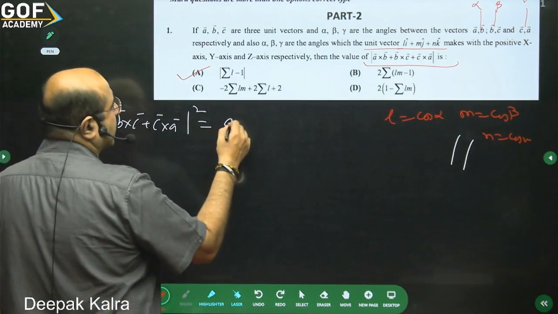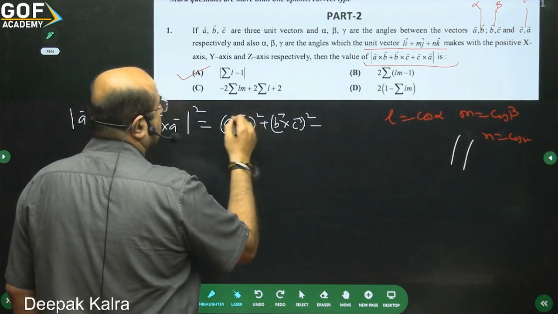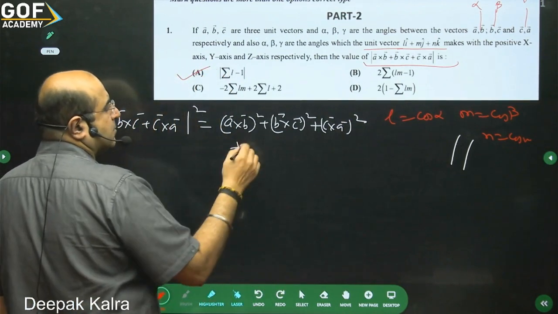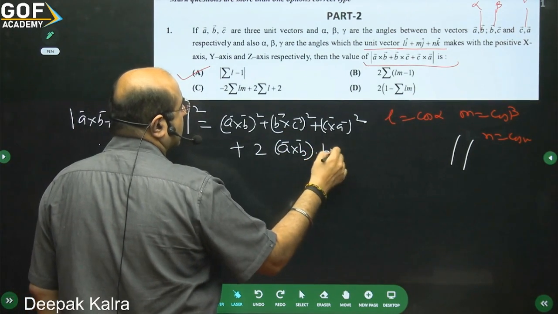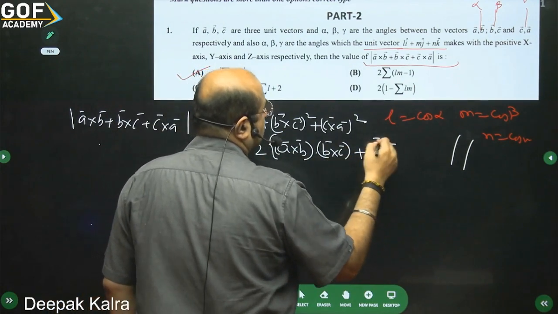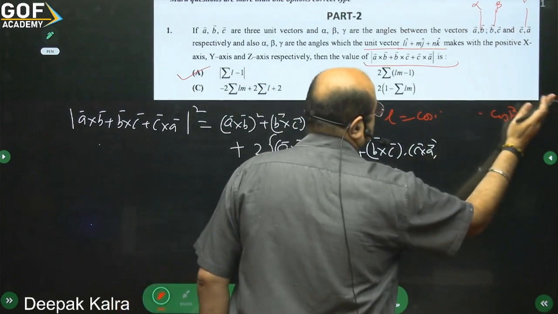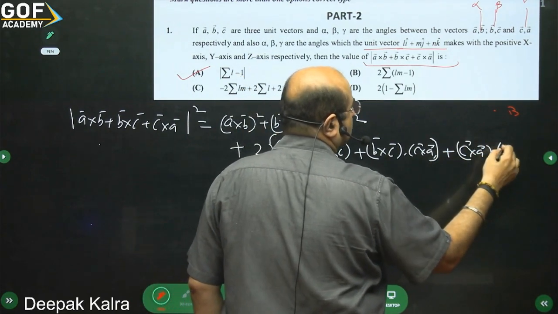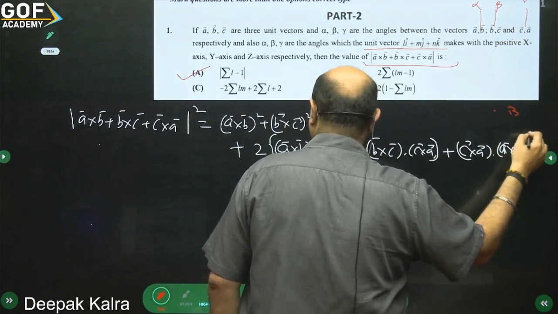On squaring, you get A cross B square, B cross C square, plus C cross A square, plus 2 times A cross B dot B cross C plus B cross C dot C cross A plus C cross A dot A cross B. You understand what I did?